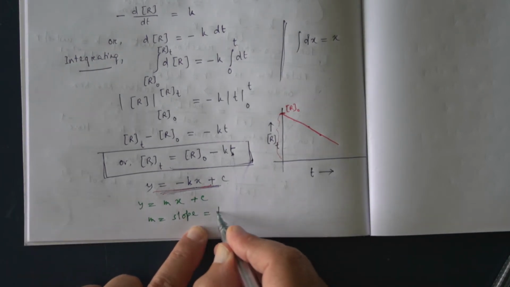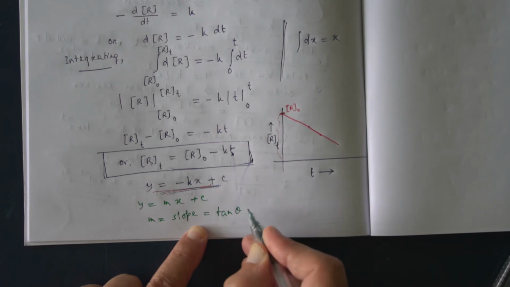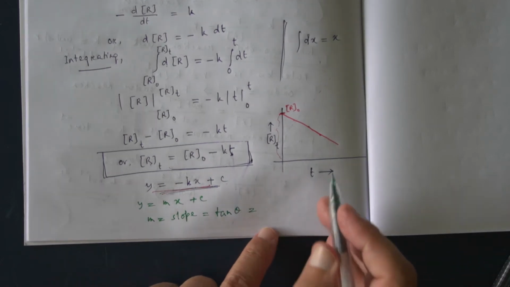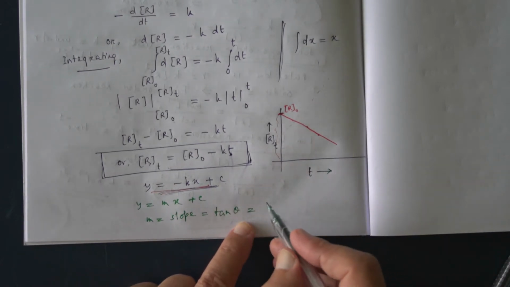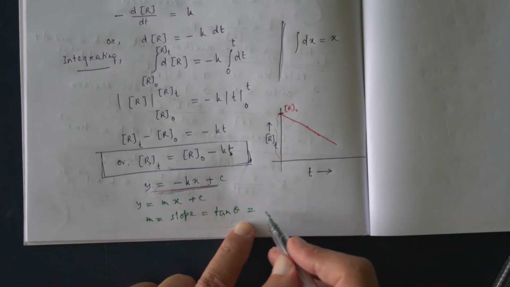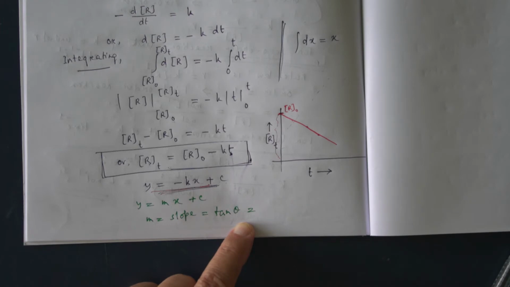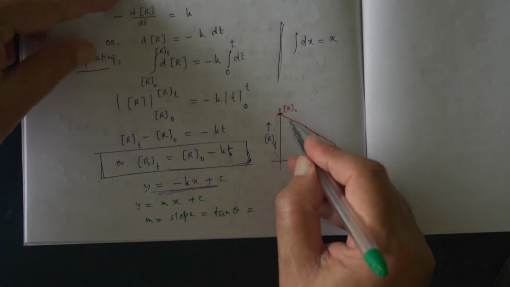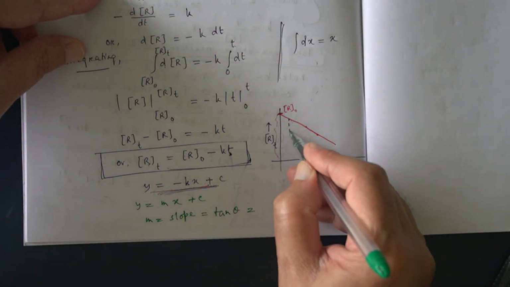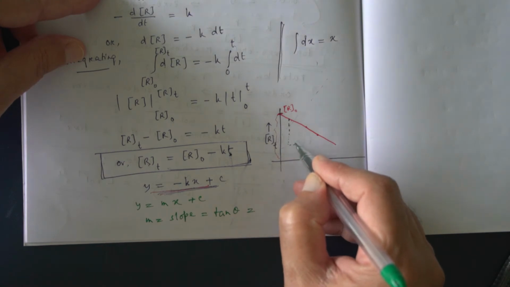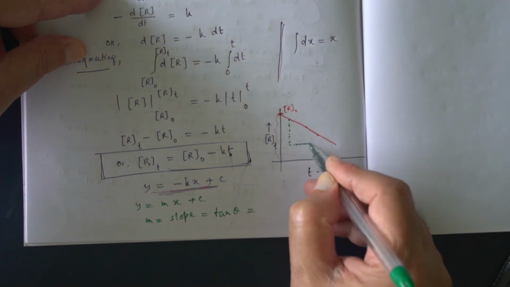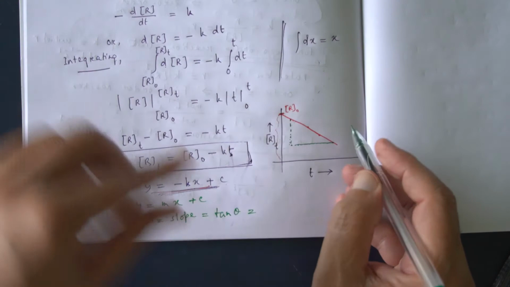Slope equals tan theta. And what is tan theta? Perpendicular by base. So you draw here a right angle triangle.